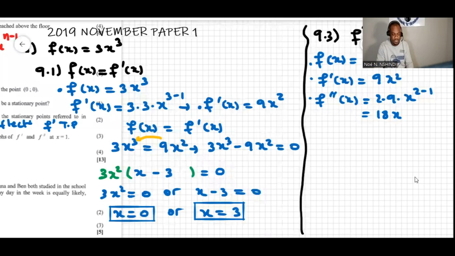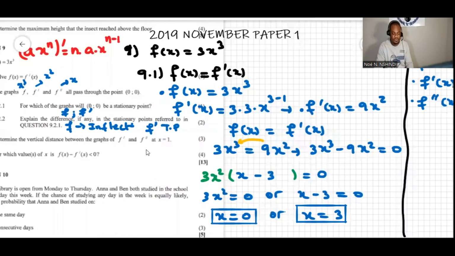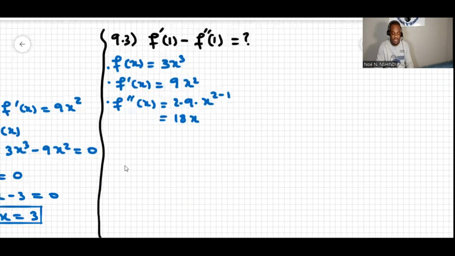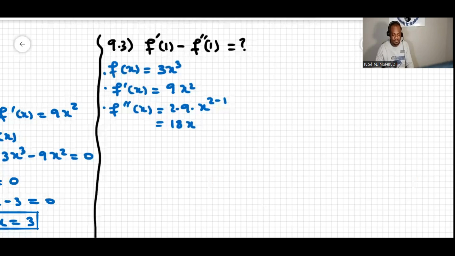Now, we're looking for the vertical difference between f prime and f second at x equal to 1. At x equal to 1, f prime of 1 will be equal to 9 there, and here it's going to be 18.